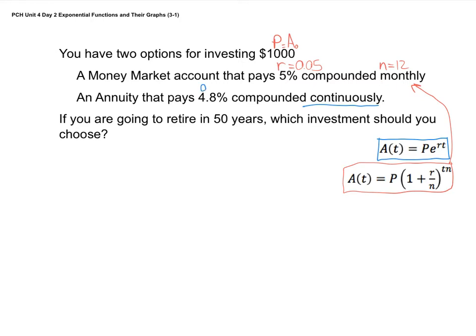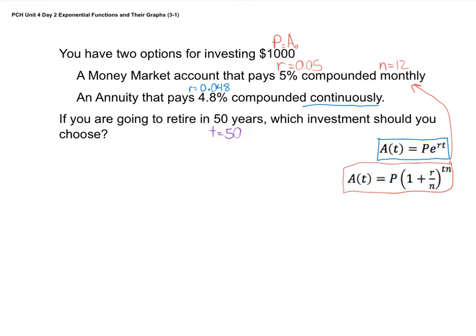So we have our rate, which is 0.048. Now, if you're 18 and you plan on retiring at age 68, which I believe is the current retirement age in the U.S., that means you're going to have this invested for 50 years if you just leave it alone. So t would be 50, and that's going to be the same for both of these.